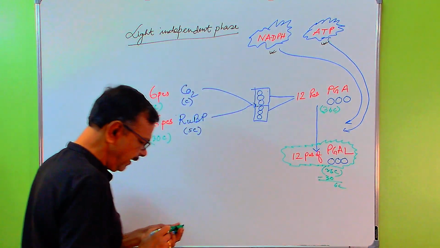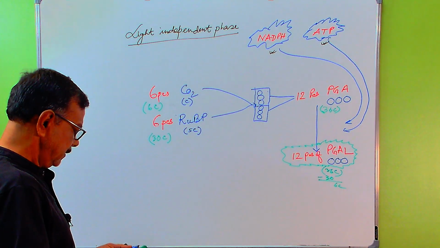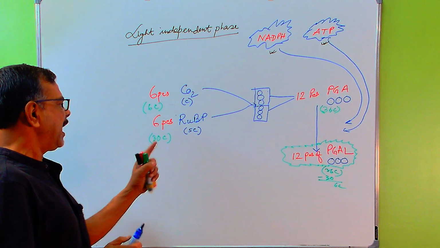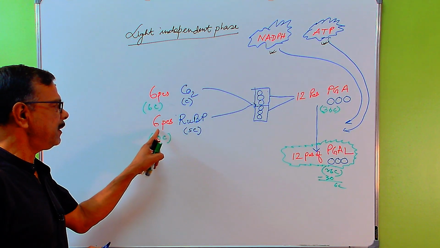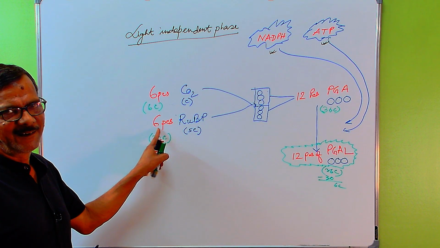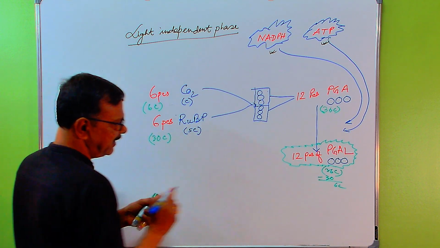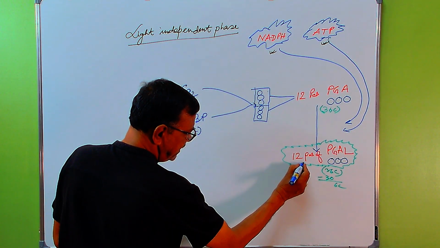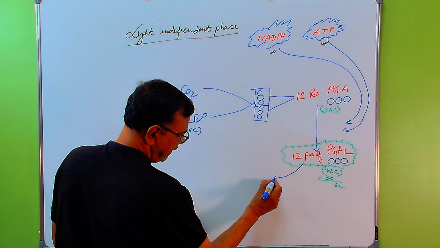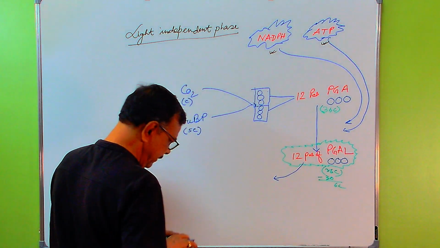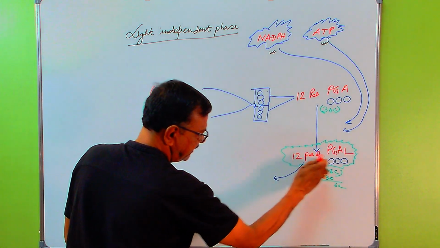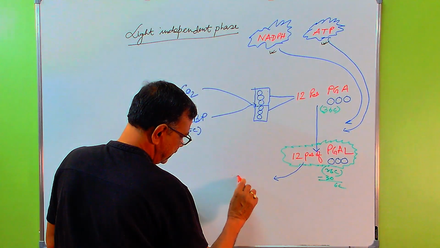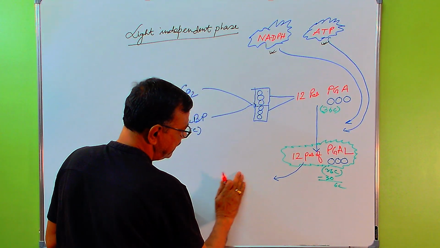These 30 carbon will constitute how many pieces of RuBP? 30 carbon will produce 6. So I will take, out of 12, 10 pieces. 10 threes are 30.